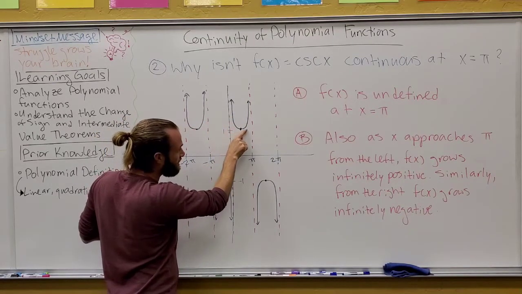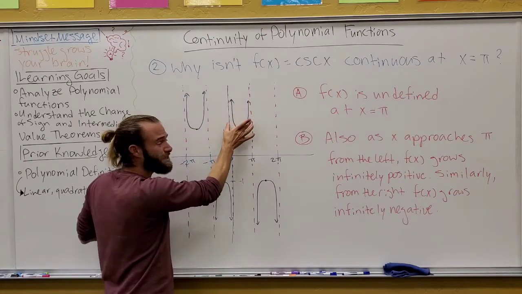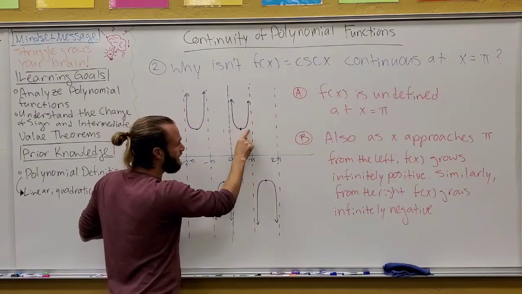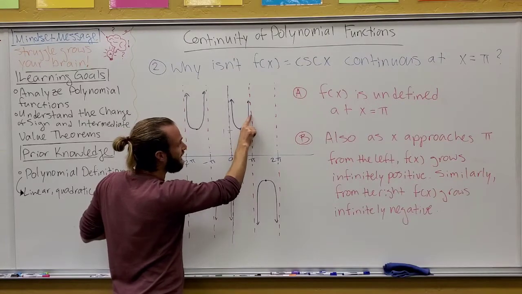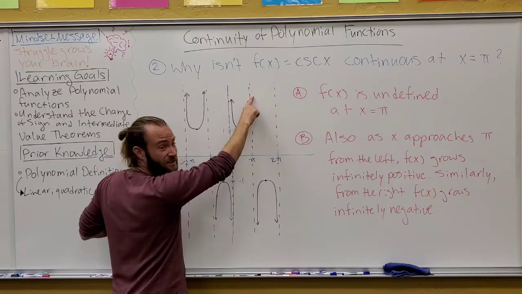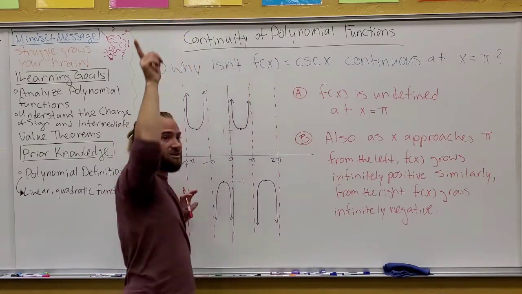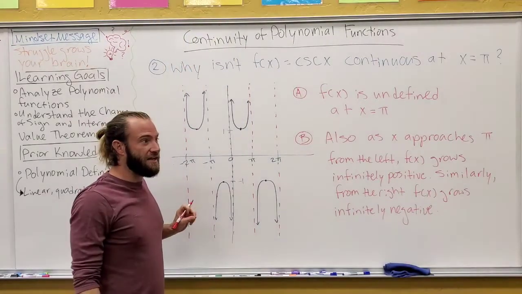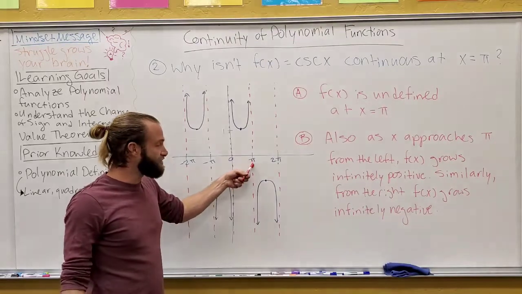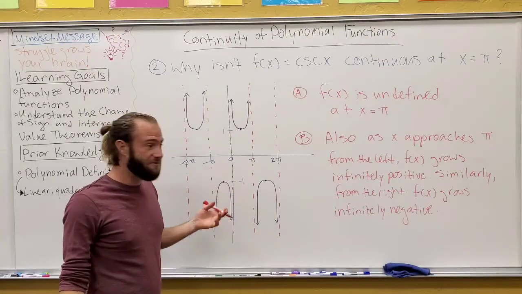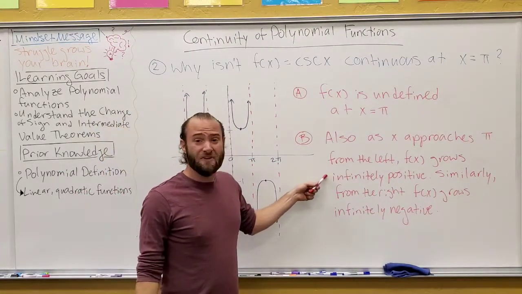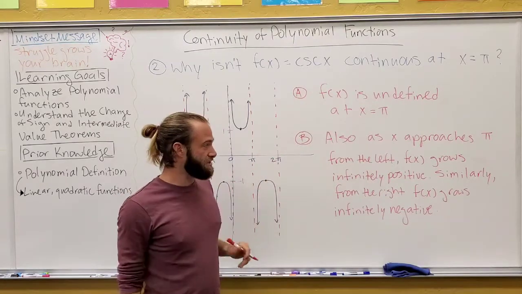We're coming down here, and in this whole piece it's continuous, right? But as I get closer and closer to pi, the arrow here and the fact that there's an asymptote tells us that this just grows infinitely large positively, and we've already talked about how it never actually is allowed to use pi as an input in the first place. So it grows infinitely large positive.